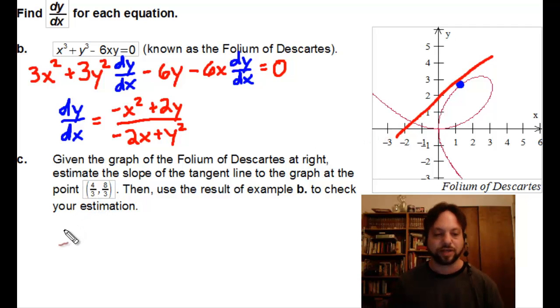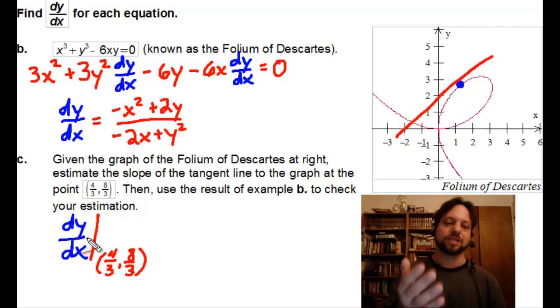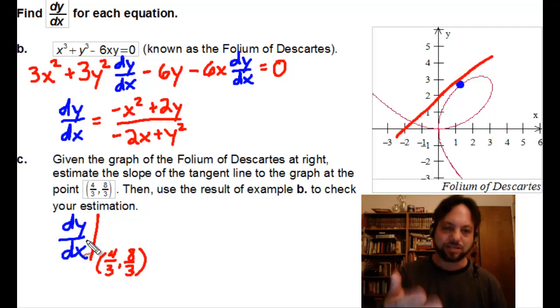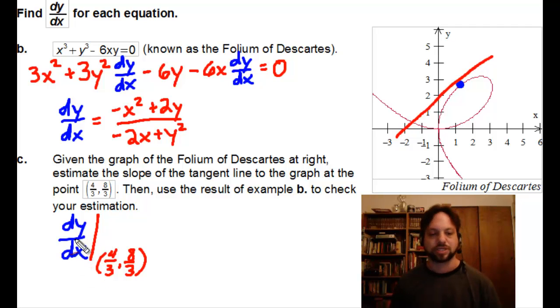However, the truth of this, if I evaluate dy/dx at the point (4/3, 8/3), what did I do here? I drew this vertical bar. That vertical bar simply says evaluated at. That's really all it says. We'll see that bar more as we progress through this course. But we're going to try to find the derivative at the point (4/3, 8/3).